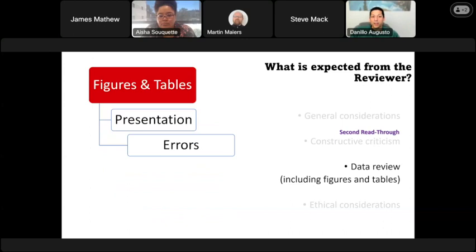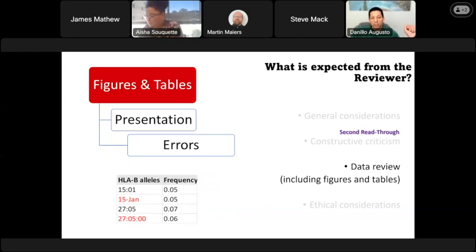For figures and tables, sometimes there are some errors or typos, or maybe the presentation is not good, or there's a better way to plot the data. I'm just going to give an example. It's not uncommon to see this kind of problem in papers for HLA alleles, for example.